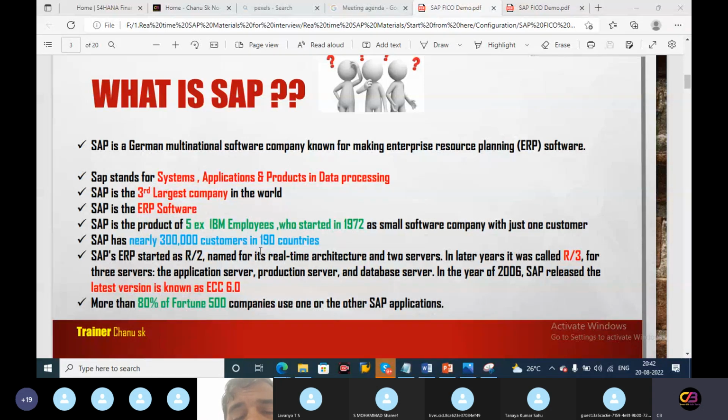SAP captures the entire information with respect to goods and services and stores it in the database. That is the reason SAP is also called database software, because all the data is processed in the system.